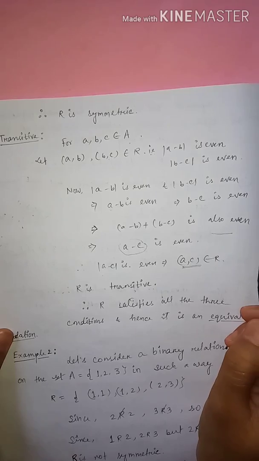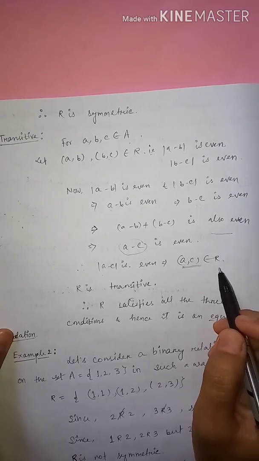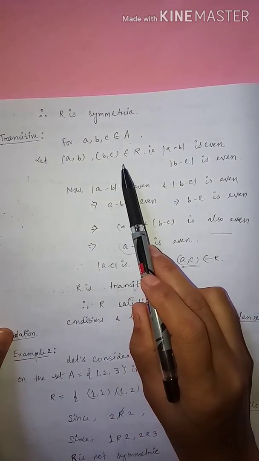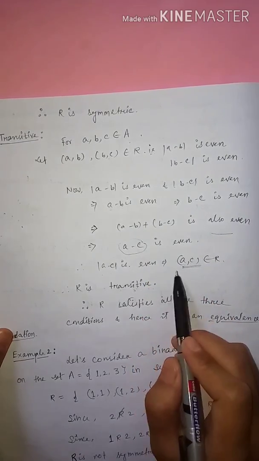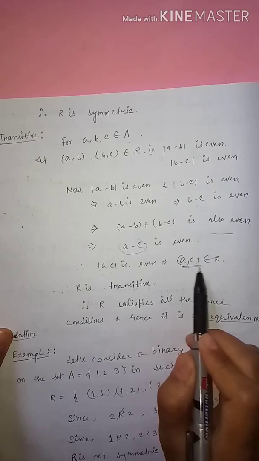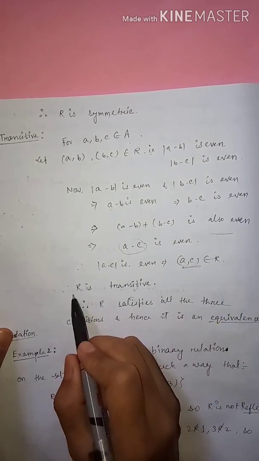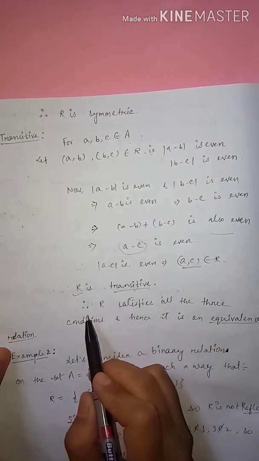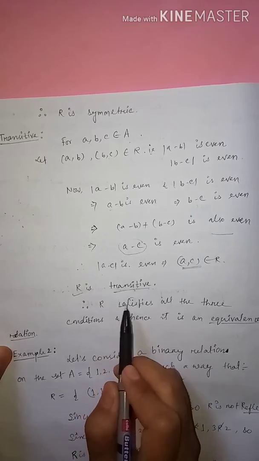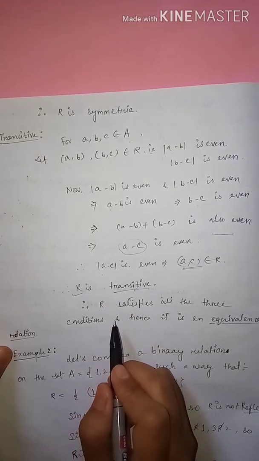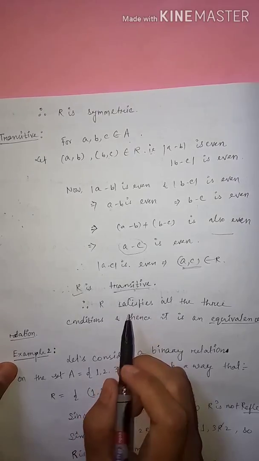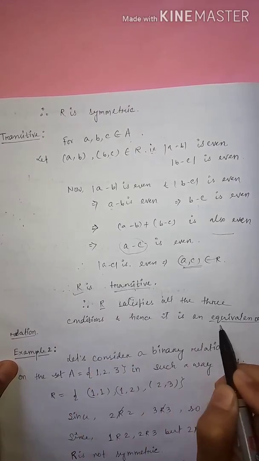So for the two elements (a, b) and (b, c) belonging to R, we finally got the ordered pair (a, c) belonging to R. Therefore, R is transitive. Since the relation satisfies all three properties, that is symmetric, reflexive, and transitive, the relation R is an equivalence relation.